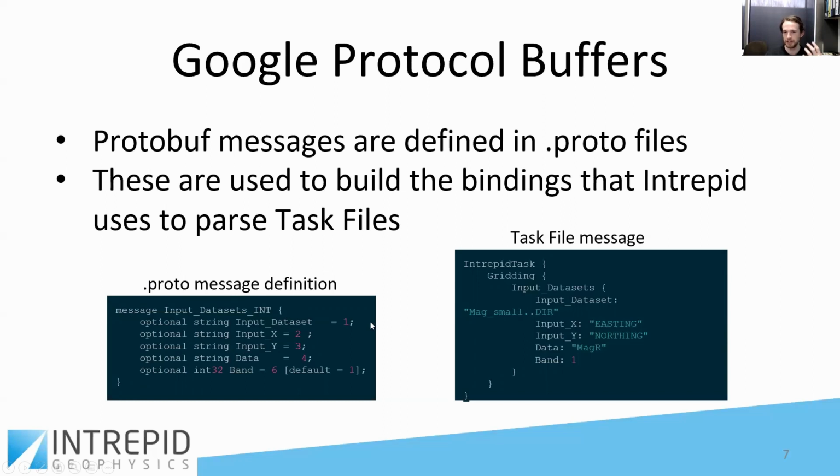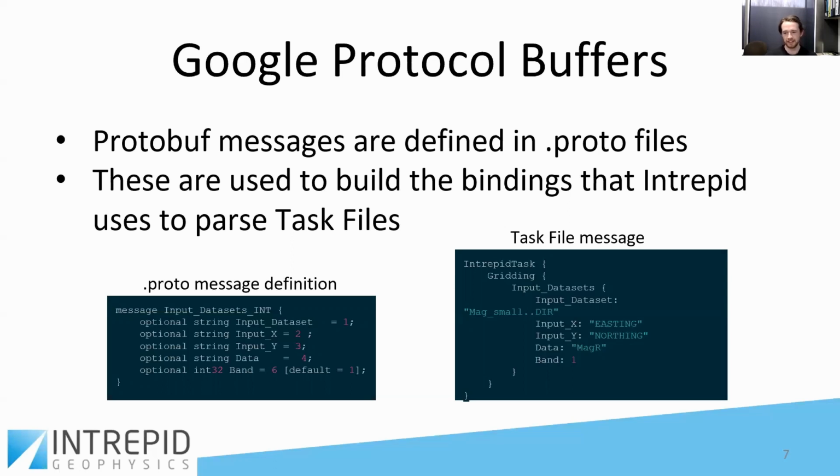And this is what's been parsed by the Google Protocol Buffer compiler, and that's what builds these language bindings that are going to be used both within Intrepid, and that could be used by you externally if you want to programmatically control the task file generation and automate that. You could use your own program to run Intrepid effectively by linking against these Protobuf definitions.